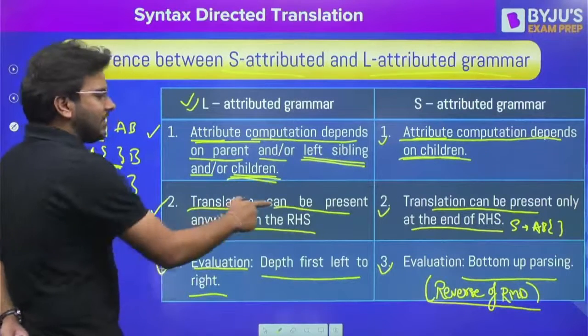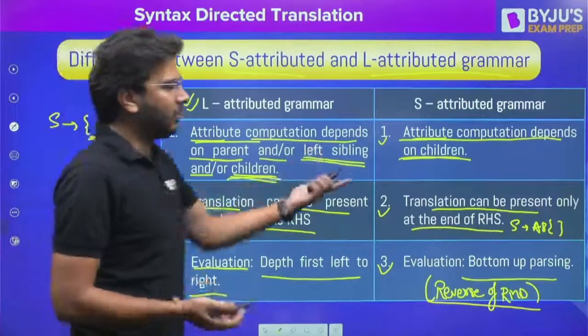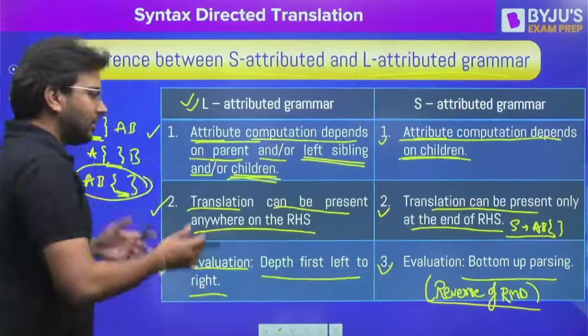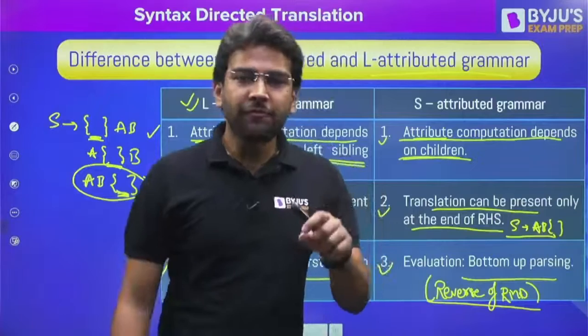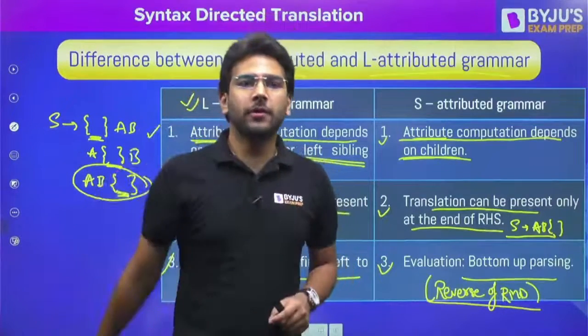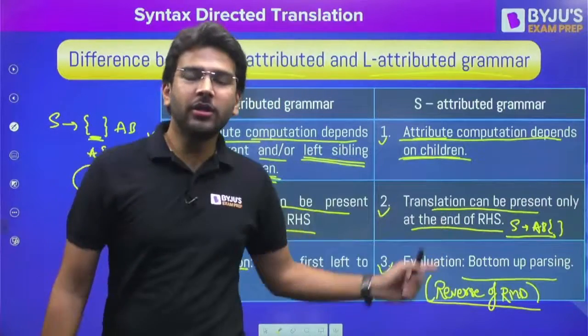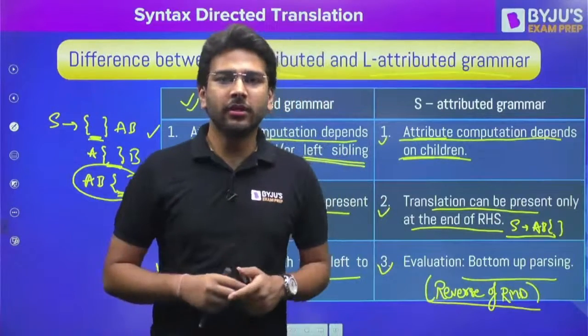Here we can have translation anywhere on the RHS, so we can have this case also, and here we have this case only, that translation is present only at the end of the RHS. That means, can I say if a grammar is S attributed, definitely it will be L attributed grammar, or the SDT basically.